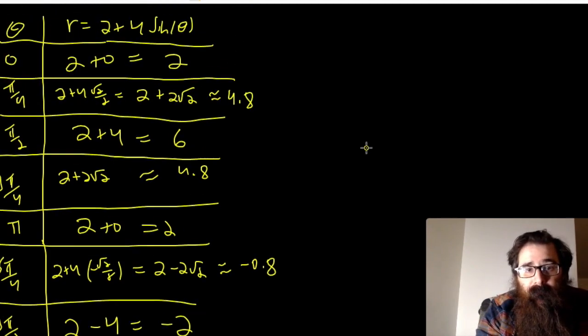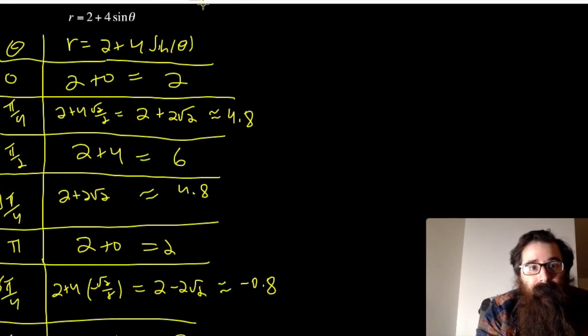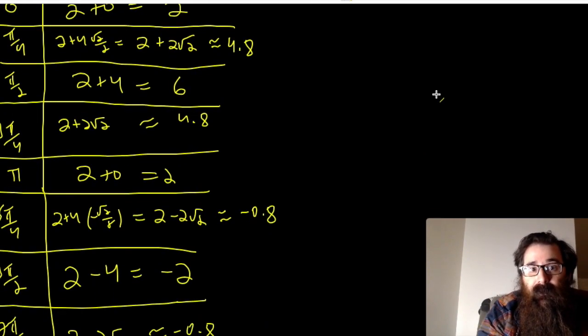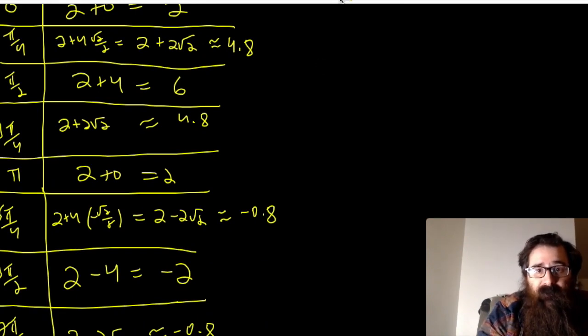And we want to build from here our graph paper. Now, if you have polar graph paper, it's going to make things a lot easier. That would certainly be my preference. But I don't have it, so I'm going to build my own. I was using white before. I think that's going to look a little bit nicer for the contrast.